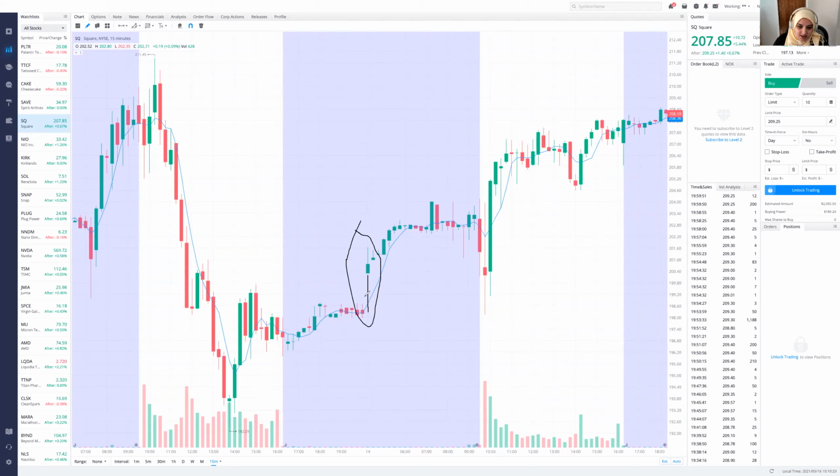What happened is that Square gapped up. It skipped in those 15 minutes and the price moved so quickly that you see a gap on the 15-minute chart. What that means is that eventually it's going to come back down to fill that gap. So it's going to come back down to this level. If I know that, then maybe I want to wait until it comes down to this level, or I can set an order at this level. Does that make sense?